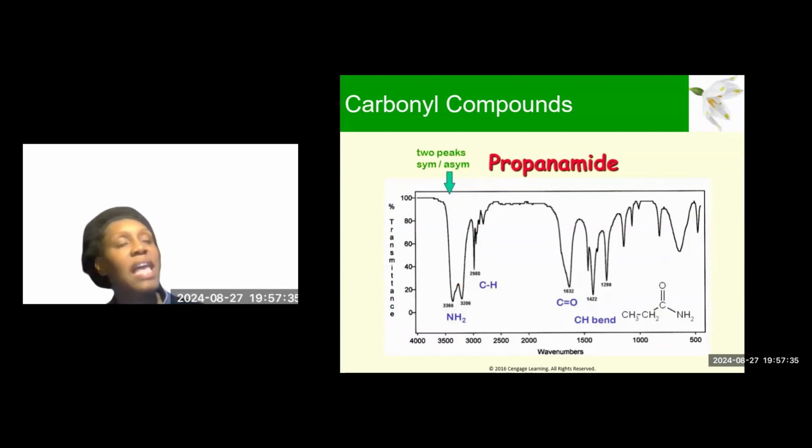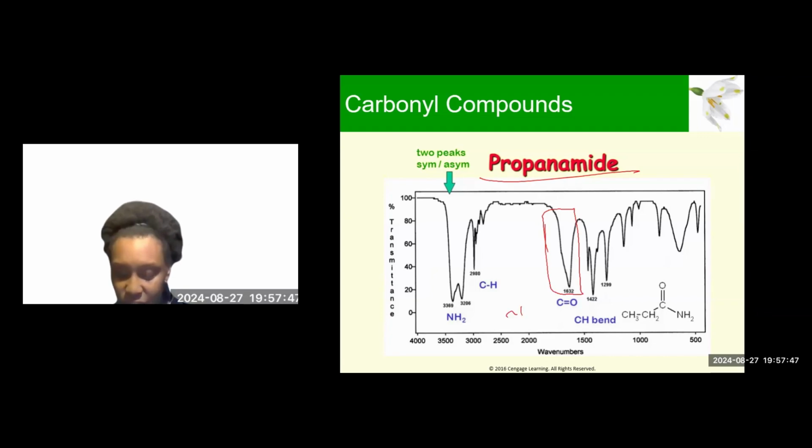That means that it follows the same rules in terms of your NH2 peaks. So this is propanamide. And so you have that carbonyl peak here at around 1700. And then you also have this NH2, and notice how many peaks are there. You have those twin peaks that are present there as well.